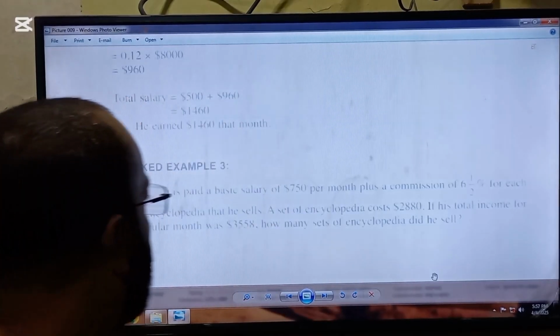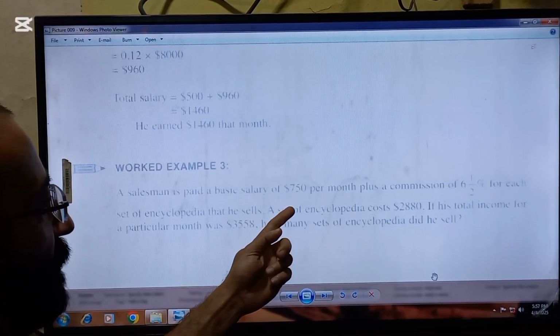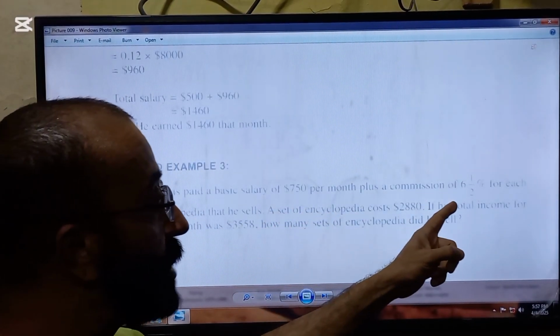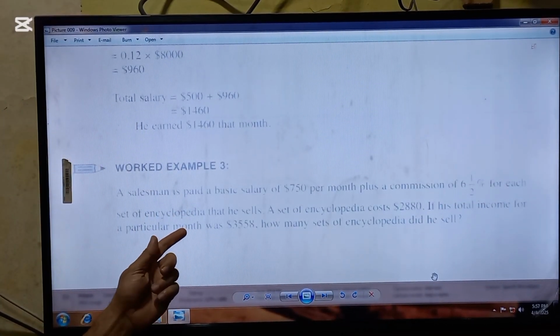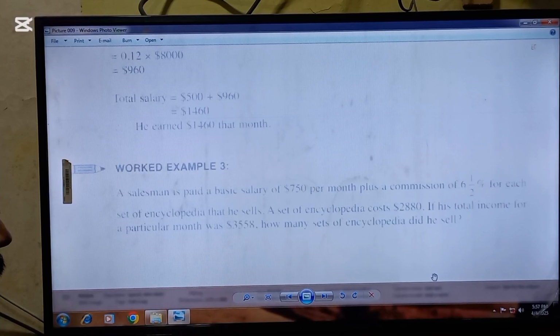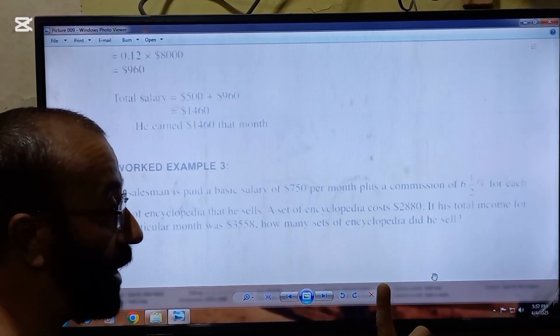Here is another question of this category. A salesman is paid a basic salary of $750 per month plus a commission of 6.5% for each set of the encyclopedia that he sells. A set of the encyclopedia costs this. So this is the price of one encyclopedia.